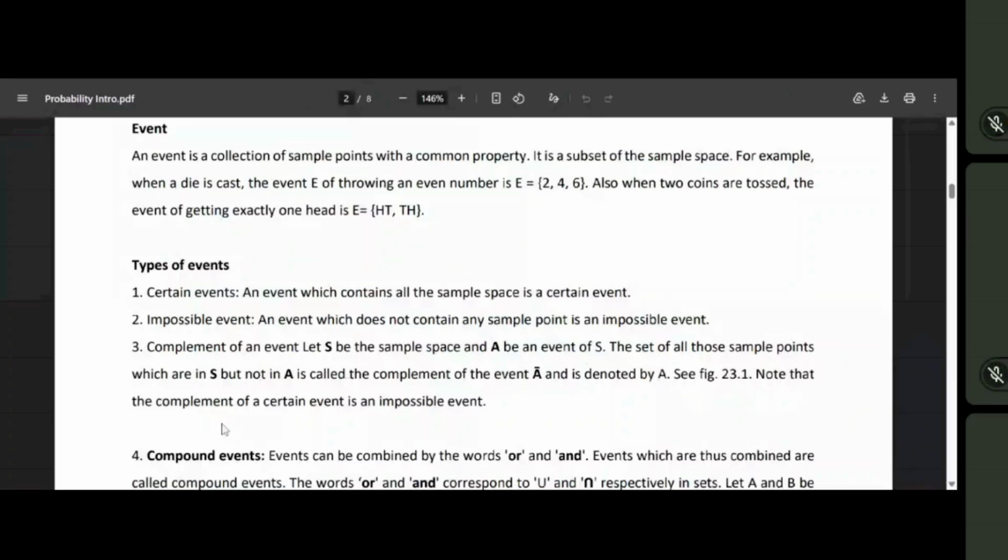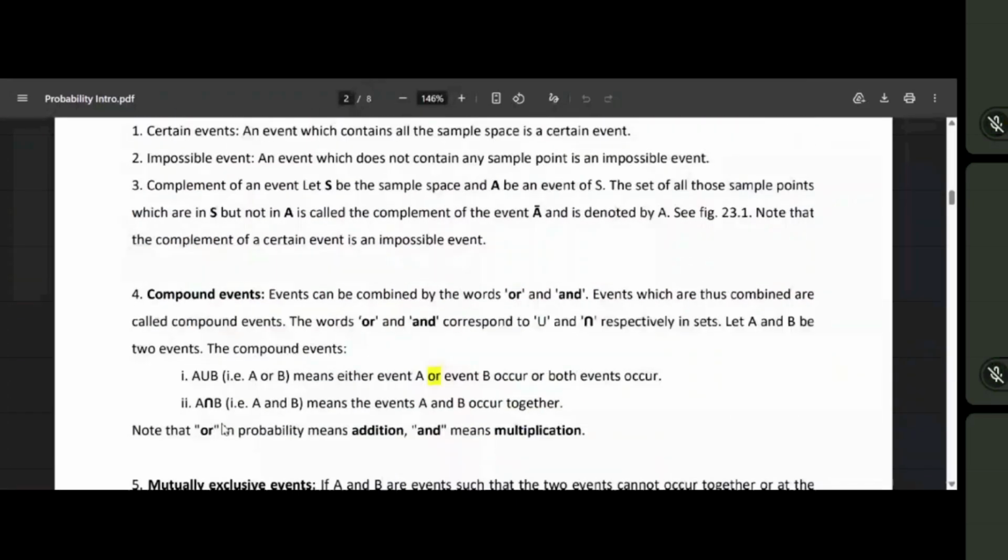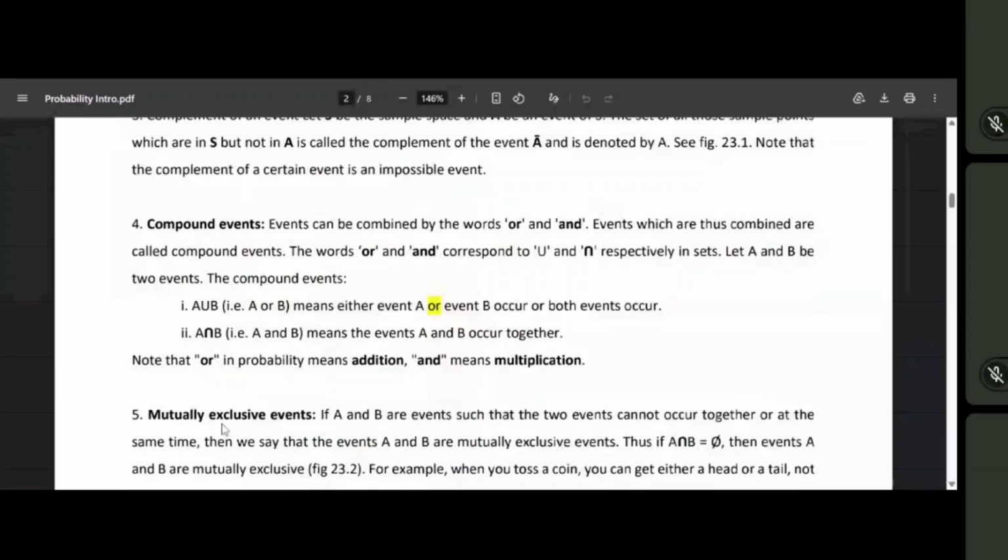Compound events. When we are performing an experiment, or after performing the experiment, we are asking questions and we are using the word or, or the word and, we are making that event a compound one.